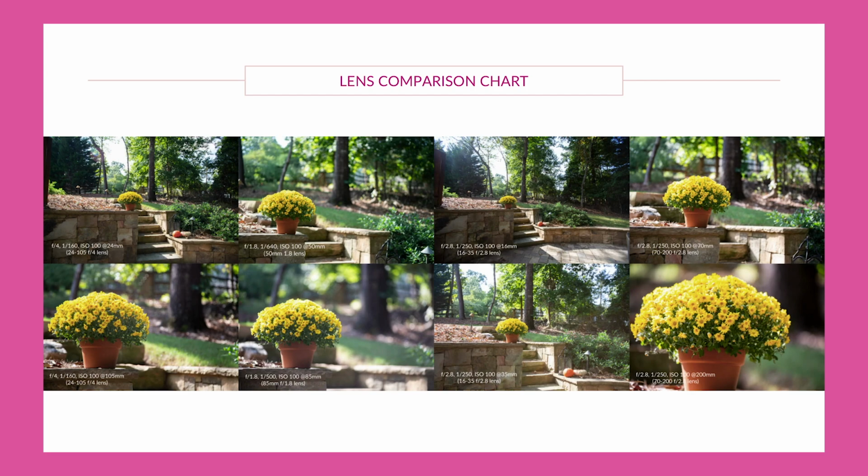So what this is, if you look over on the left, the top left and the bottom left are taken with the same lens. This is my 24-105, a fixed aperture lens. It goes to f4 at 24 and f4 at 105, so I can zoom in or I can go wide.